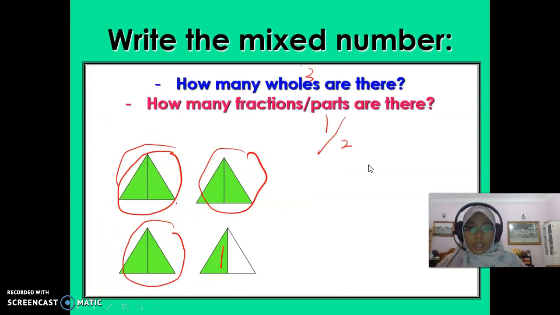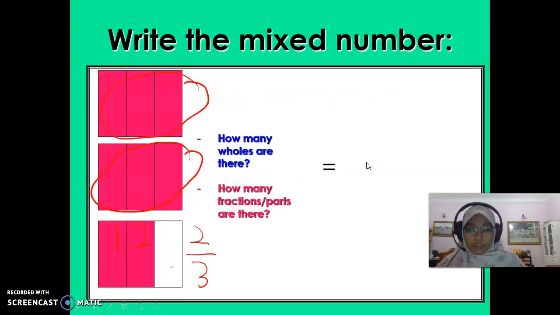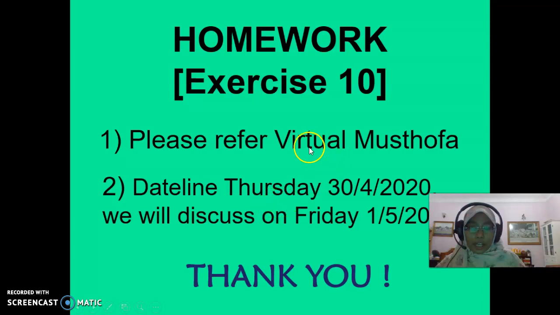The question is for improper fraction first. So if you have any question or you didn't understand when you want to do the exercise, then you can ask me this Friday on 1st May, okay, to discuss the exercise. Or you can also ask about mixed number, but for the exercise I will give you only improper fraction.